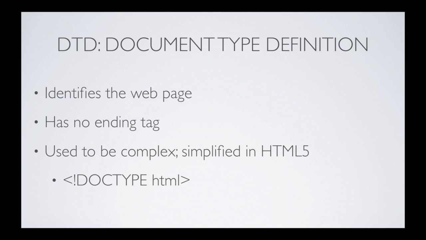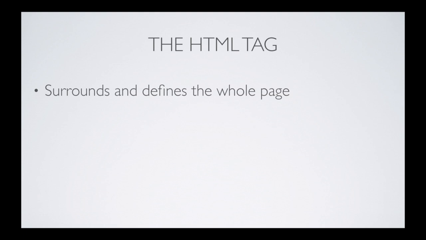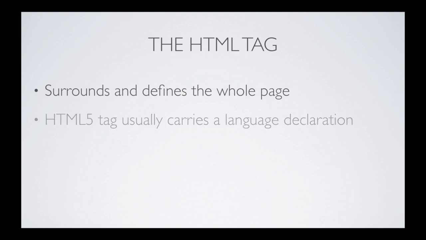Another thing that begins a web page is the HTML tag. This surrounds and defines the whole page. It has a beginning and ending command. Between the beginning and the ending tag is the entire web page. The HTML5 HTML tag usually carries a language declaration.